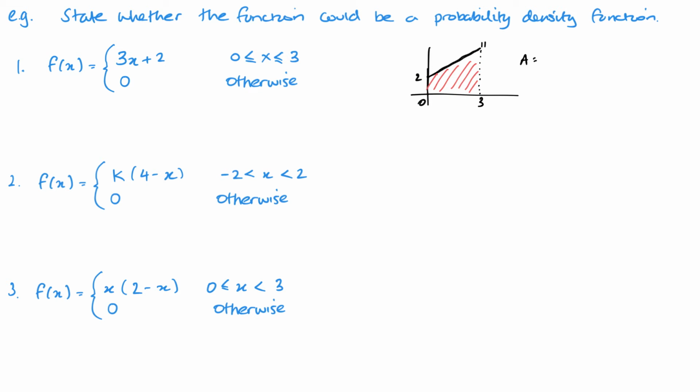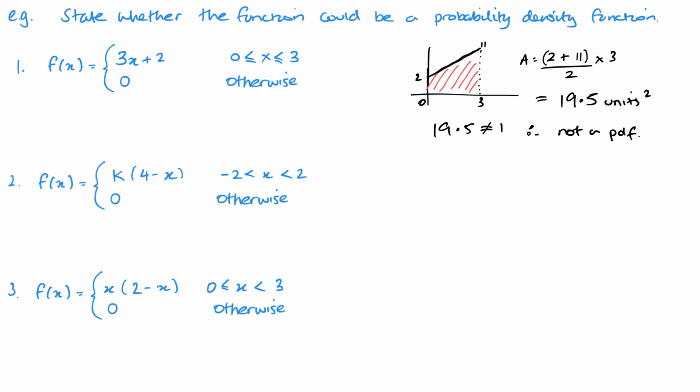So we've got 2 plus 11 over 2 times by 3. And that gives me an area of 19.5 units squared. Now that area is obviously not 1, isn't it? 19.5 does not equal 1. Therefore, not a p.d.f.